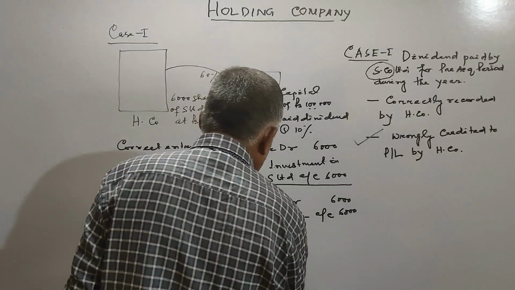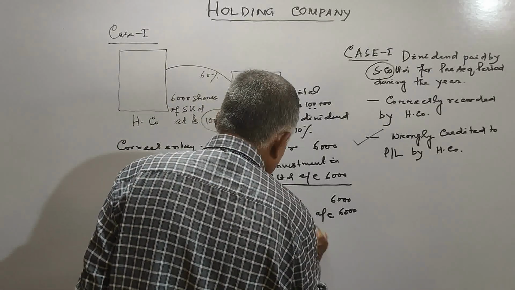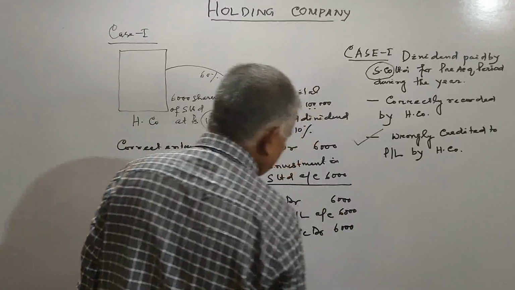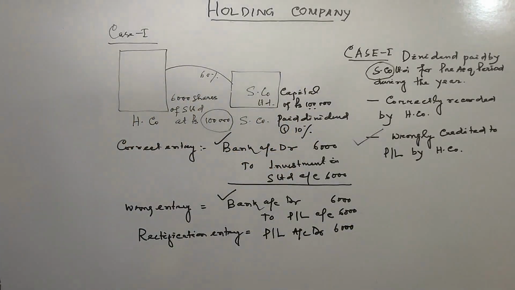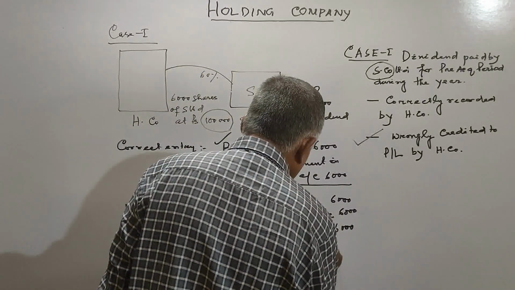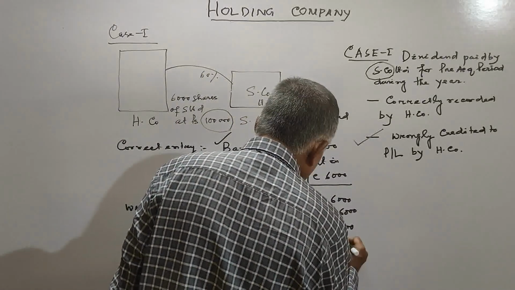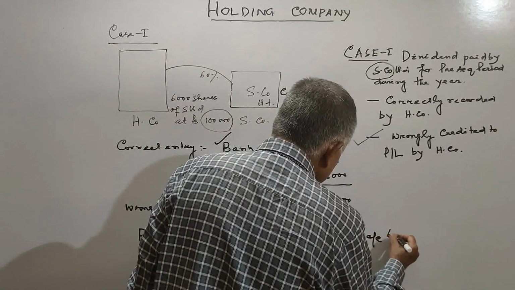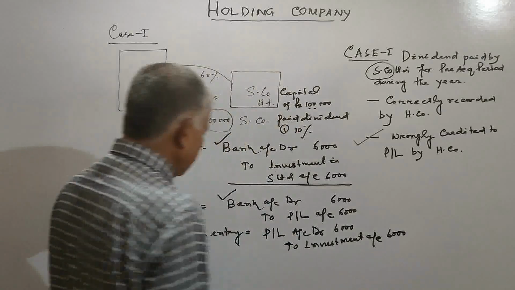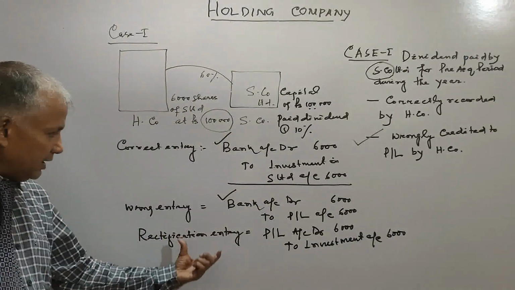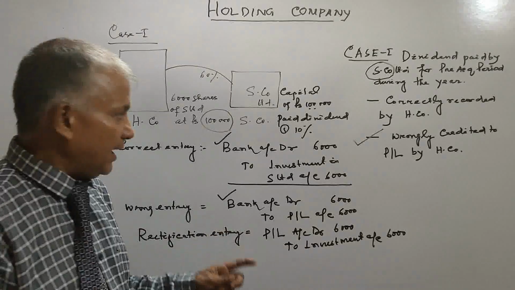If we debit the PL account, the holding company profit will reduce, and credit the investment account 6,000. So this is generally the entry we make.